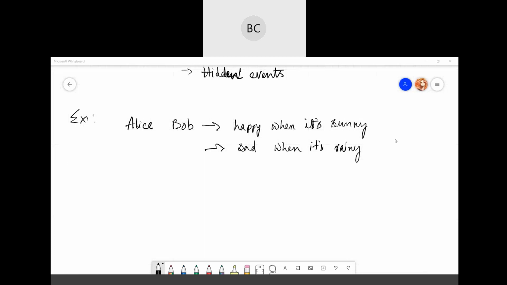Okay. So every day Alice talks to Bob. Whenever Bob says, today I am happy, Alice can assume that today is sunny. Then in certain events, Bob says, I am sad today, and Alice will infer that today is rainy. Sometimes Bob says he is happy, but it turns out that it is a rainy day.